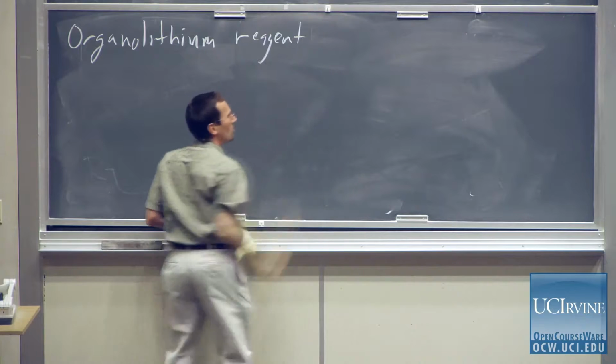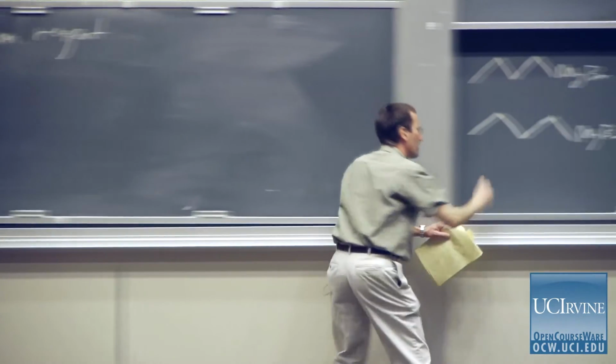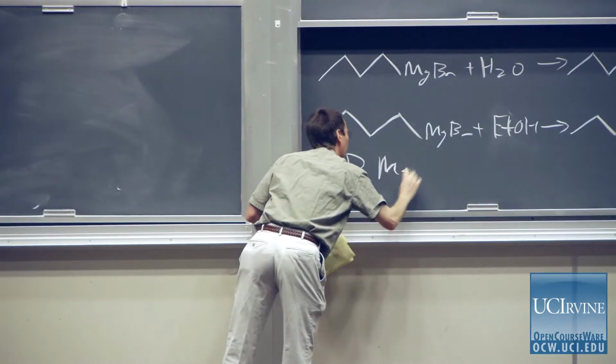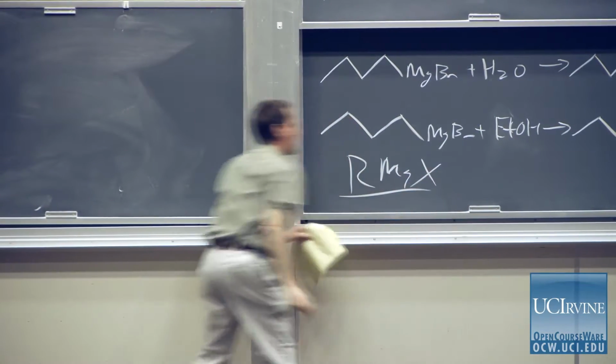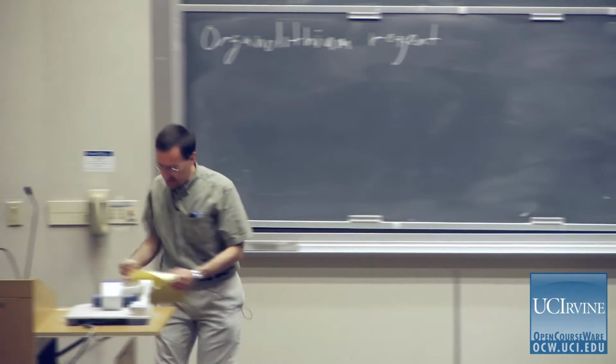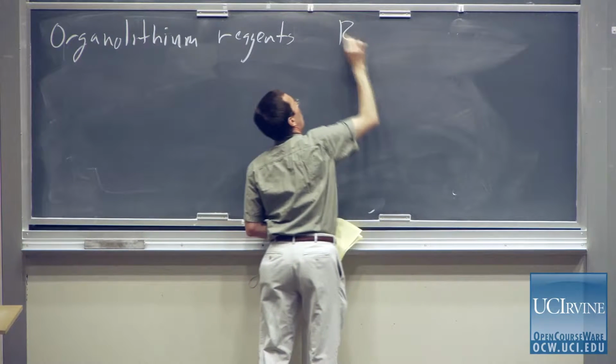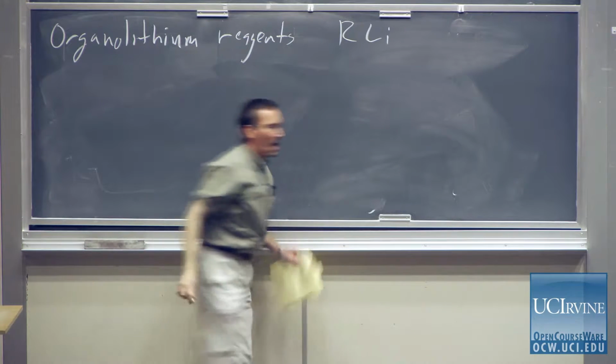And so if we wrote Grignard reagents generically as RMgX, we can write organolithium reagents generically as RLi.